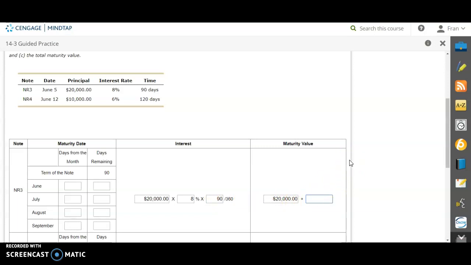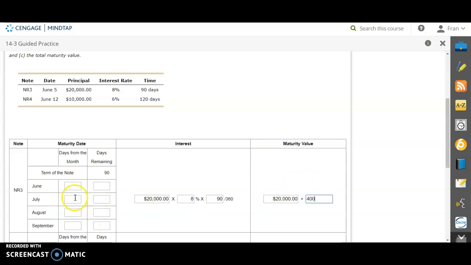I usually do it backwards because I have to take the 90 and divide it by 360 to get my fraction. The percentage of the year that we have it is 0.25. That's 90 divided by 360. Do it on your calculator. 0.25 times 0.08 interest times $20,000 equals 400. So our maturity value is the $20,000 that they borrowed from us plus $400 in interest.